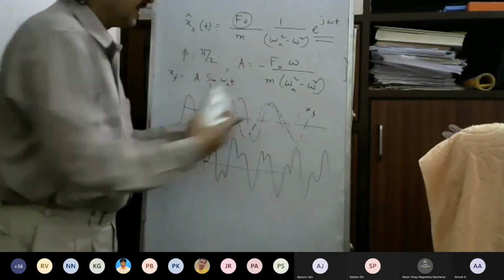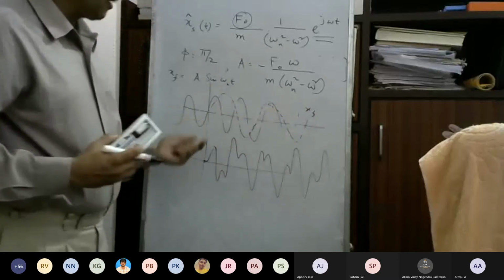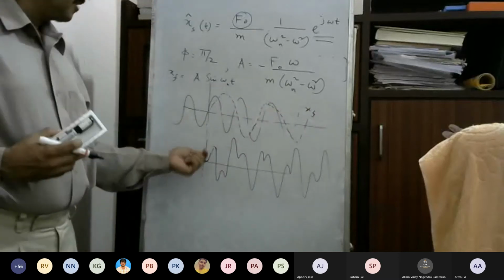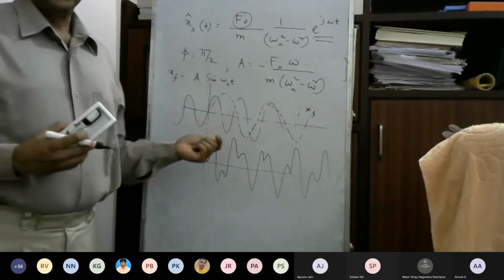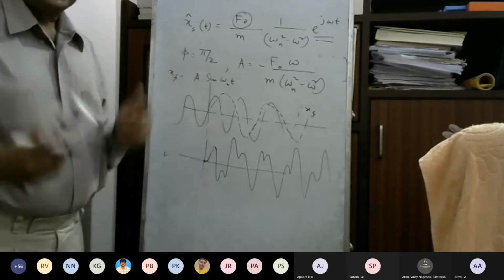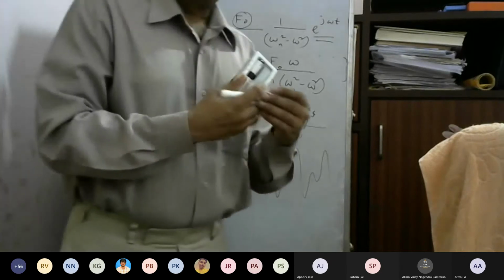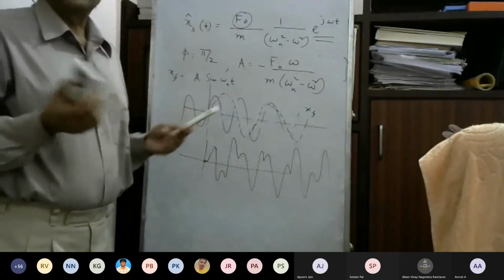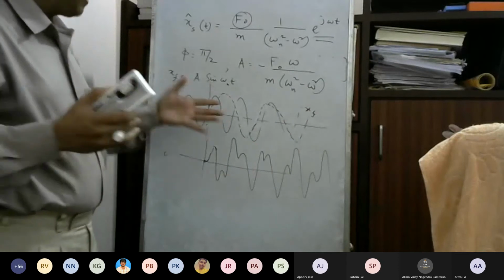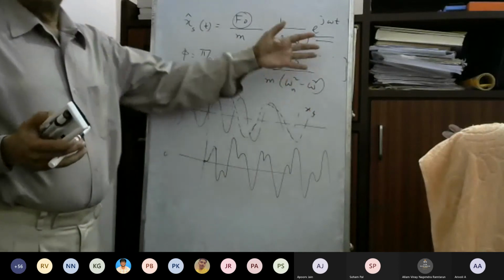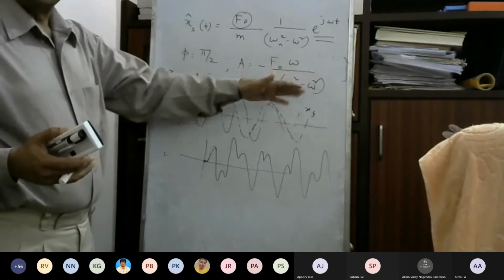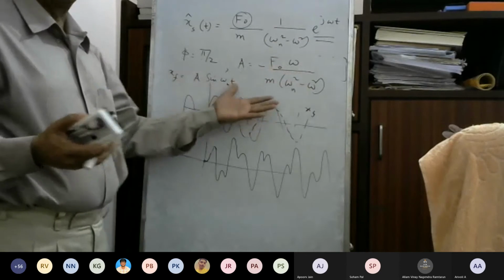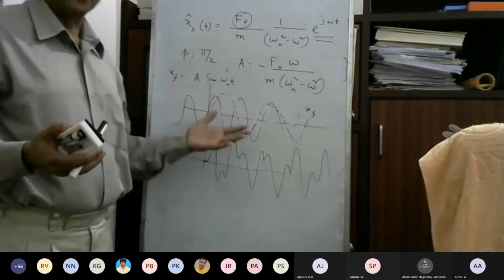So this dotted portion will appear only to satisfy the correct initial condition. Physically, what is happening? In the physical problem, this system does not know that you are applying any numerical tools or the like. It does not know whether you apply this theorem or not.